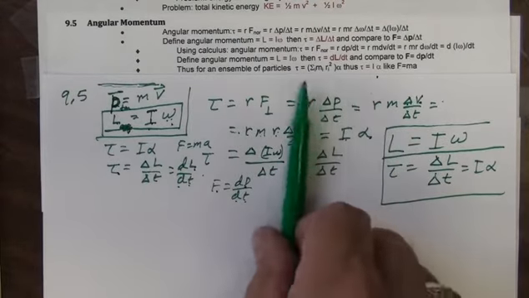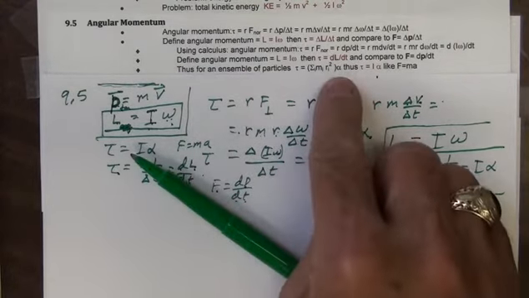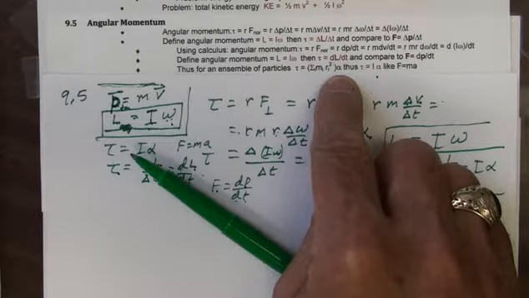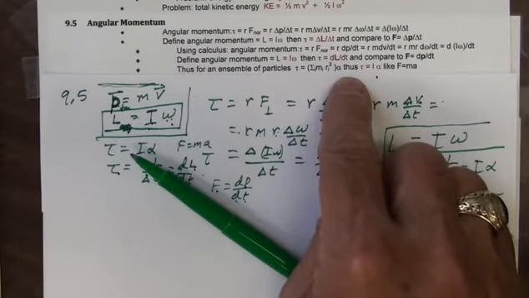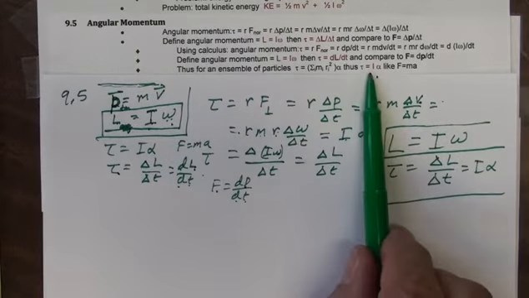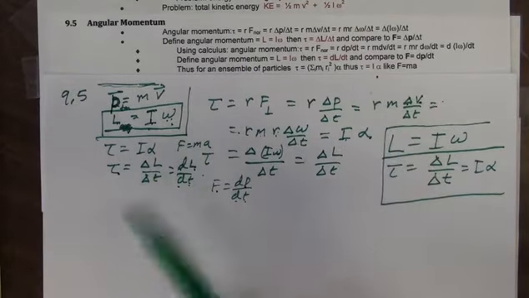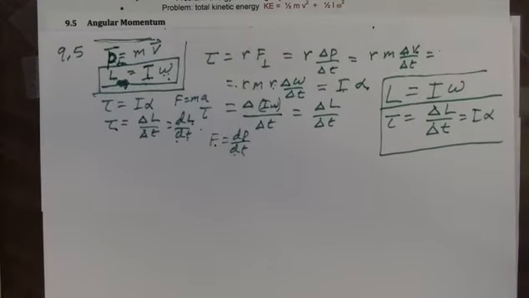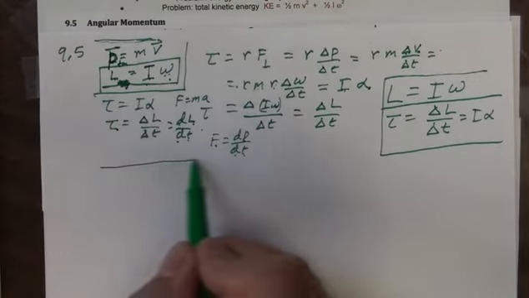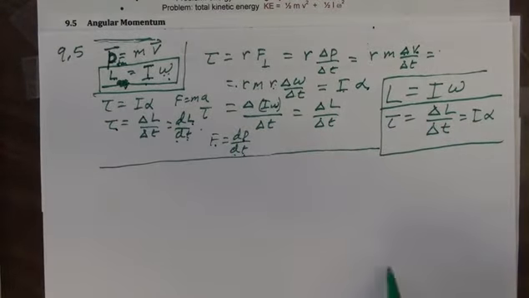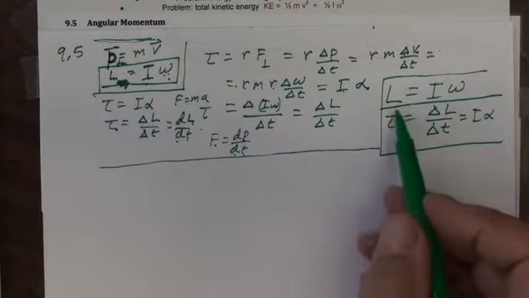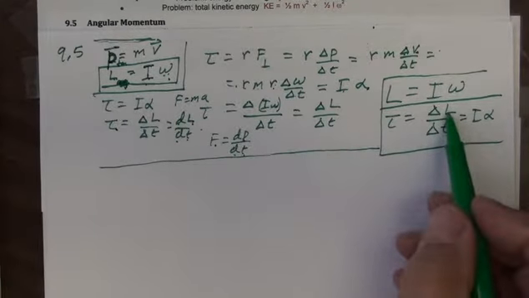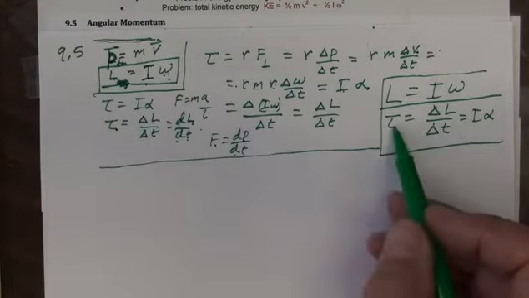When this solid object is rotating, then every object is rotating, has the same angular acceleration alpha, so that always factors out, leaving the term I times alpha, and that compares to F is equal to m times A. Now we can look at different problems associated with this and say, well, if the angular momentum is going to be constant, then there is no change. And we can look at the angular momentum from one time to another time and say it must be the same if there's no torque.